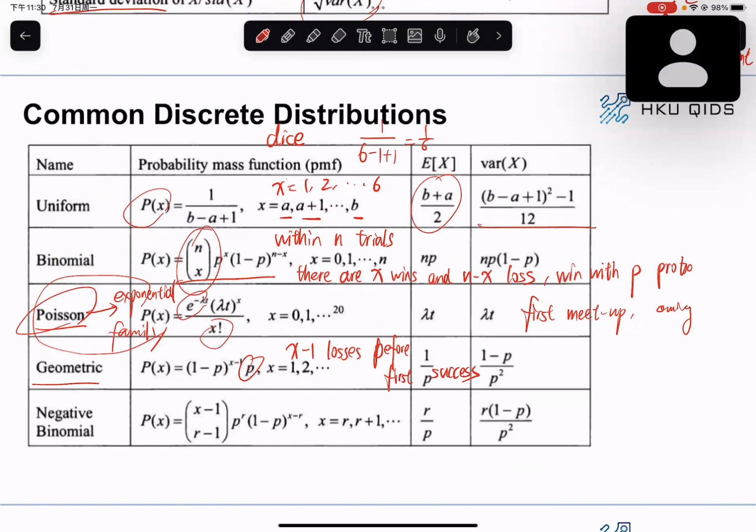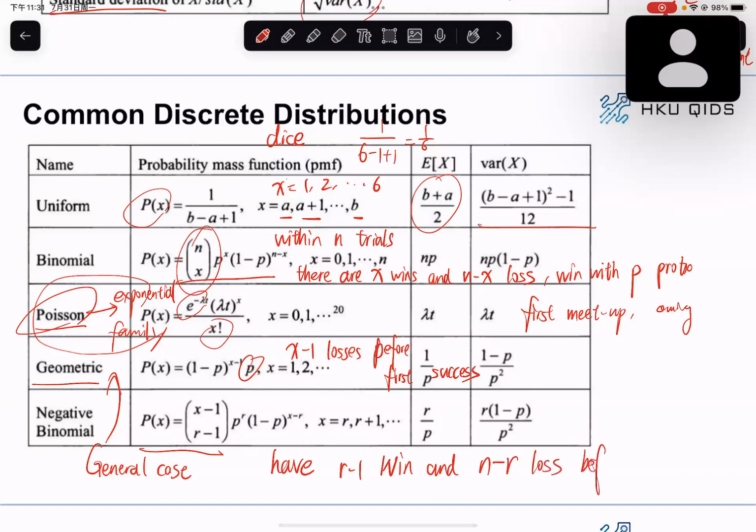And the last one is the negative binomial. The negative binomial is basically a general case of the geometric distribution. Why? Because it is describing that you have r minus 1 wins and n minus r losses before having the rth win.